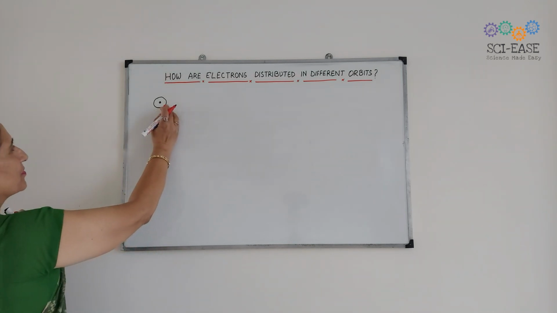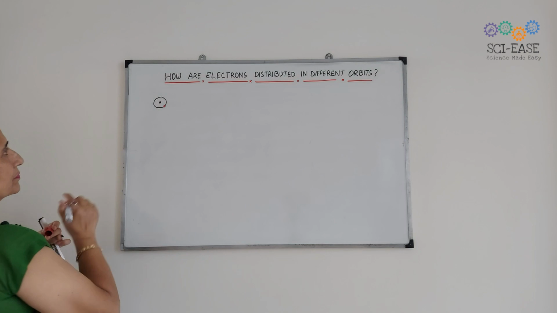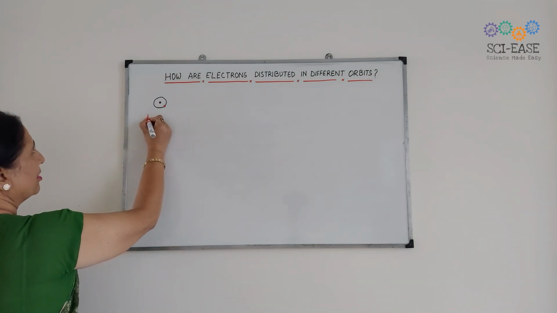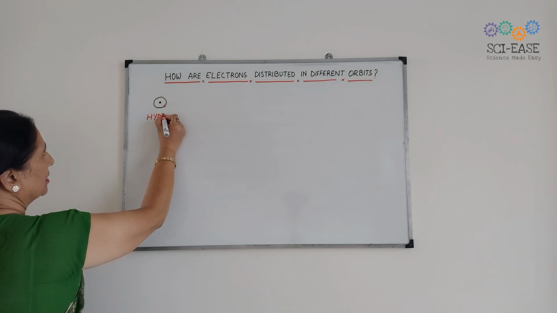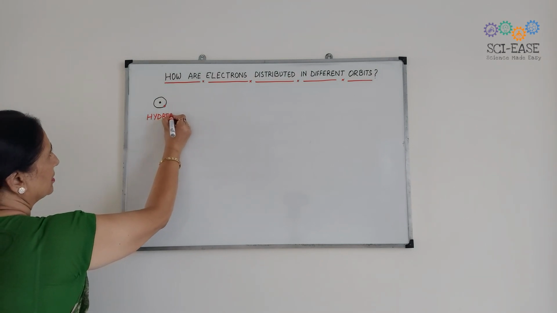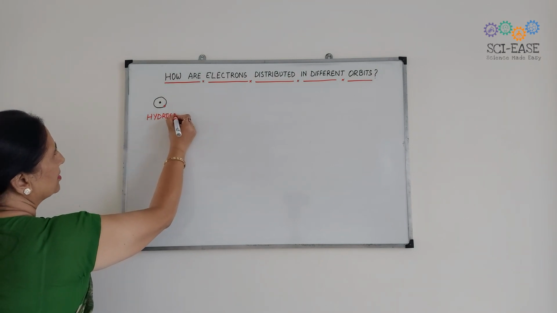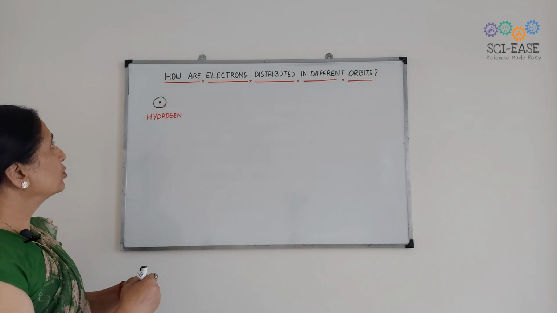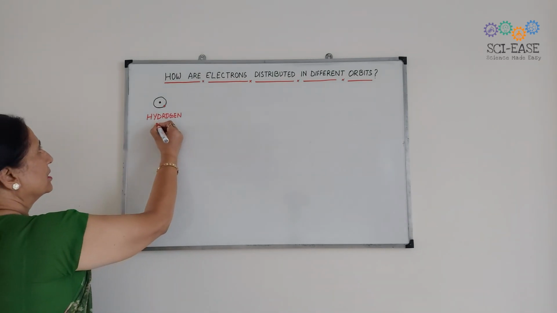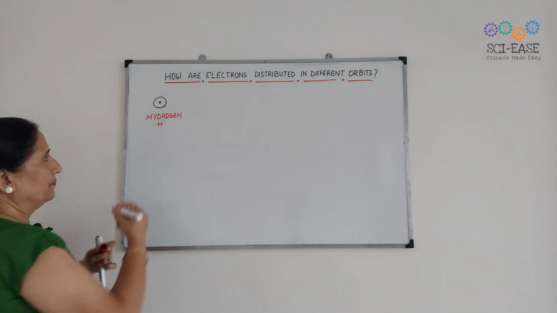This is the electron. So the element is hydrogen. Or I may write the symbols. You know the symbols. So I may write the symbol, hydrogen, H.